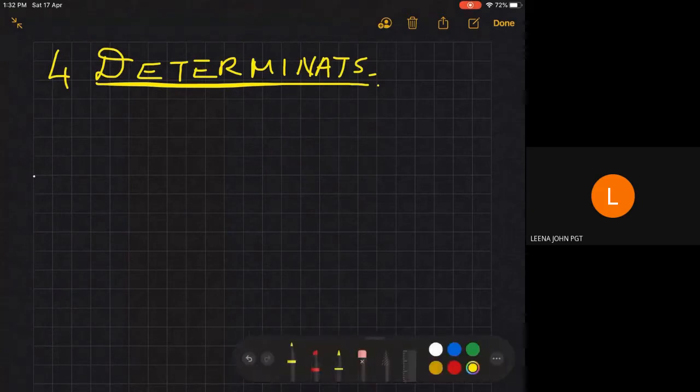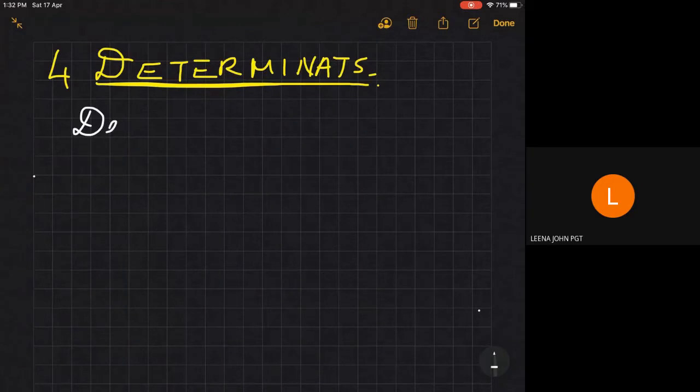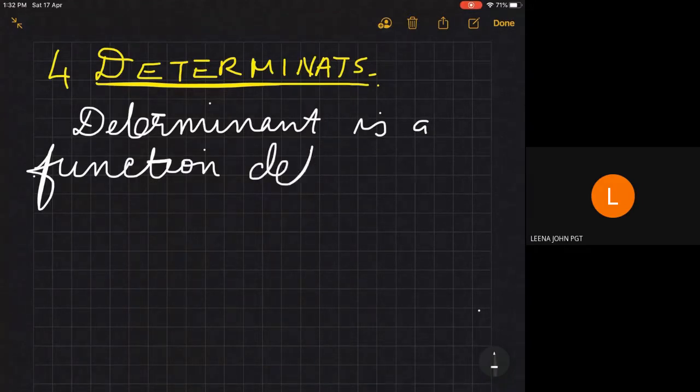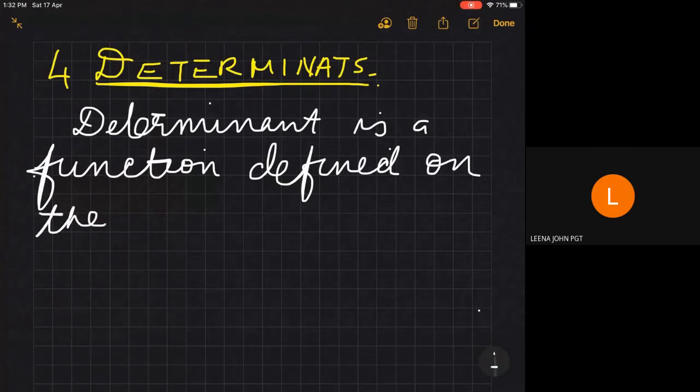If you consider only square matrices, a determinant is a function defined on the set of square matrices.